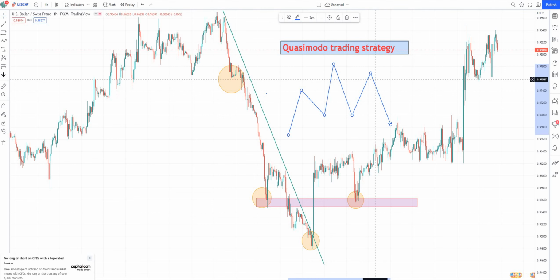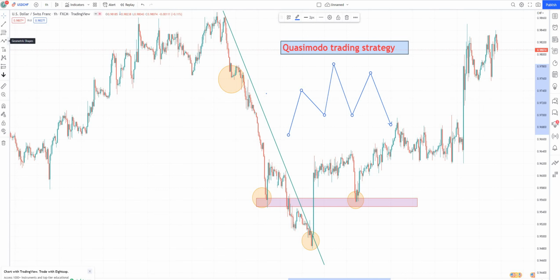That's the basic difference from my understanding, and you can see on the internet what the Quasimodo is. It's easy to identify anywhere you go. If you understand chart patterns properly and how to analyze the chart, then you can easily identify this pattern. But I will give you a quick hint on how I analyze the chart.